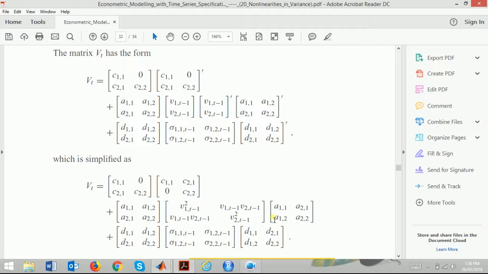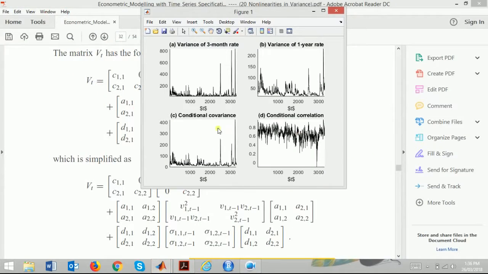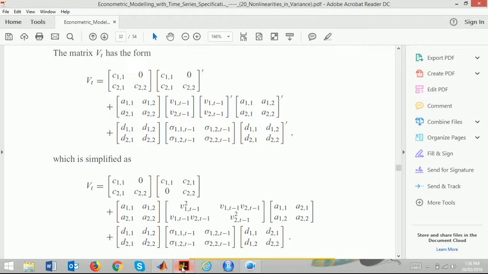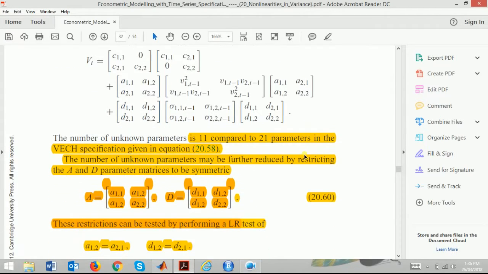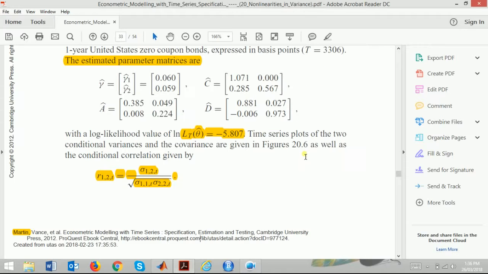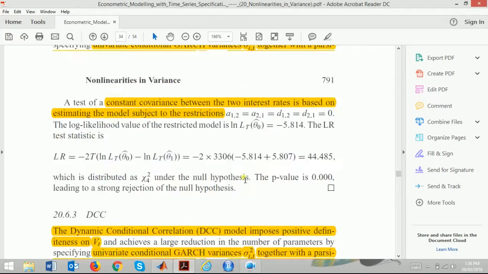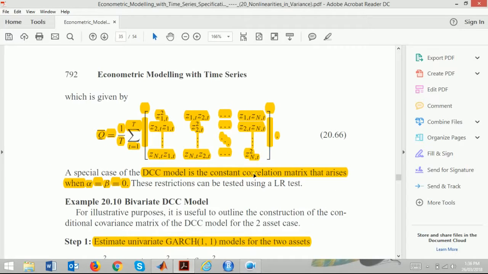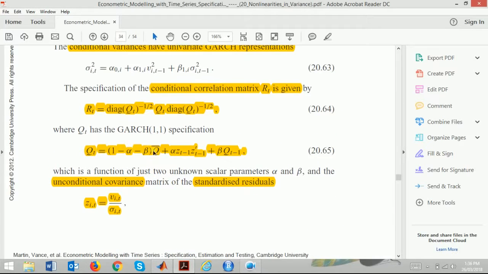It's basically the 3-year rate, 3-month rate, 1-year rate, and this is this one. Conditional variance, covariance, and conditional correlation are estimated with the correlation equation, if you can recall. We studied that. This is the conditional correlation equation where the numerator is covariance divided by root over the variances.